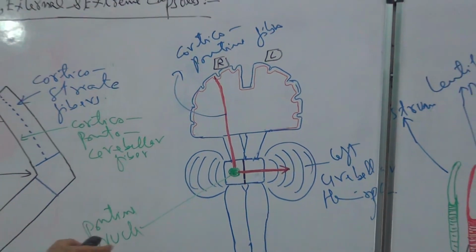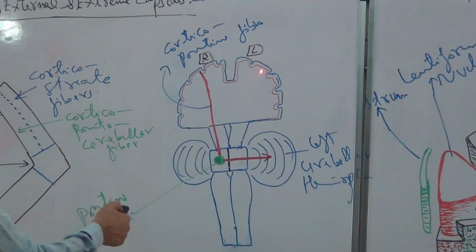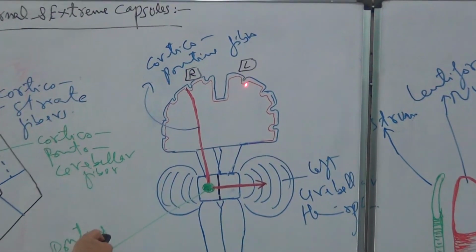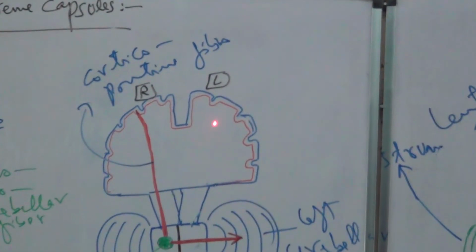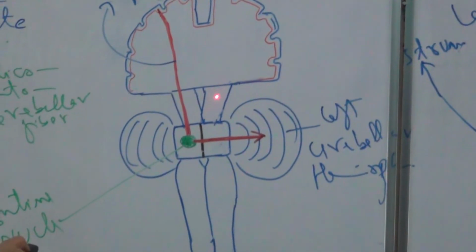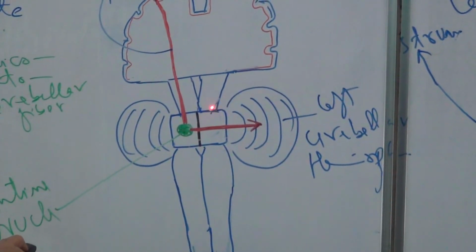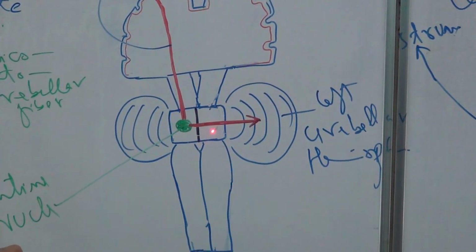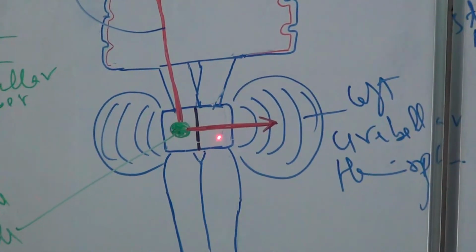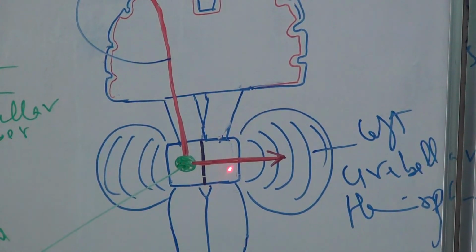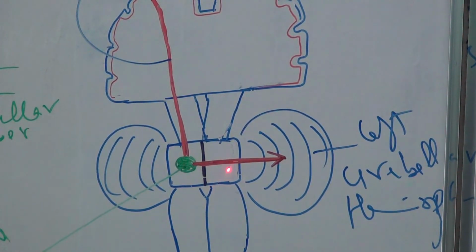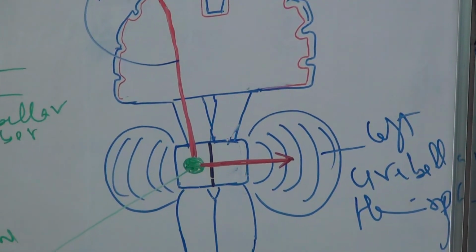Similarly, the cortico-pontine fibers from the left cerebral hemisphere run through the corona radiata, internal capsule, then midbrain, enter the left half of the ventral portion of the pons, relay in the pontine nuclei of the left side, cross the midline, and enter the opposite cerebellar hemisphere.